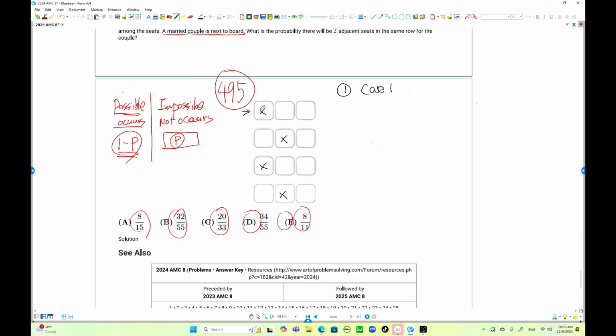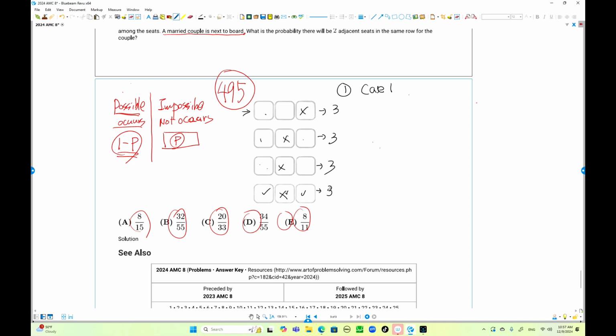So how many ways are there here? Each row has only one empty seat. It can be here or here, 3 cases. This one, here, here, here, another 3 cases. This one also 3 different ways, and this one also 3 cases.